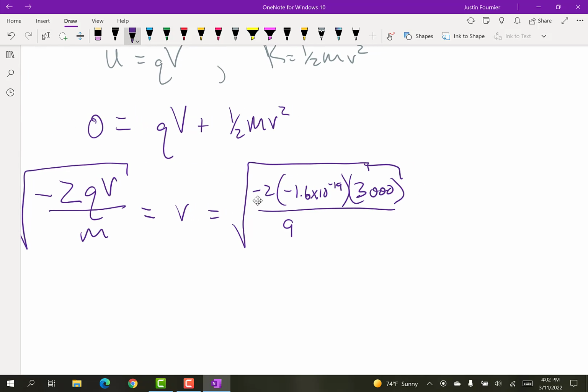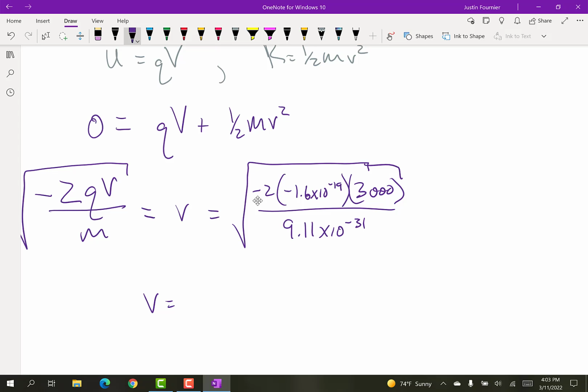Now I can plug in 9.11 times 10 to the negative 31 kilograms, and I'll get the speed of my electron. Let me plug it in here really quickly. 1.6 e to the negative 19 times 3,000 times 2 divided by 9.11 times 10 to the negative 31. And then I'm going to take the square root of all that.